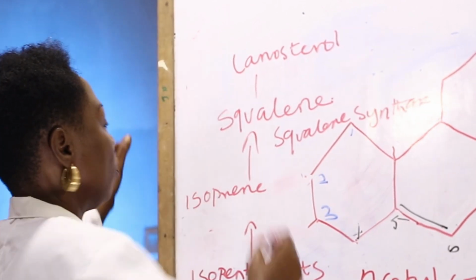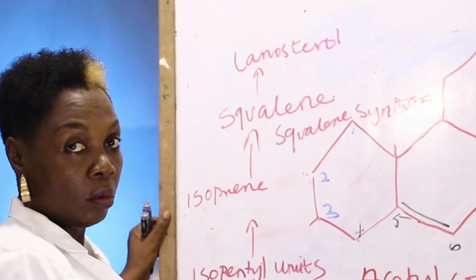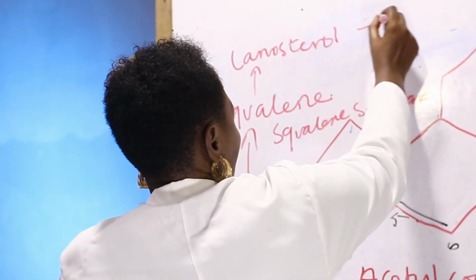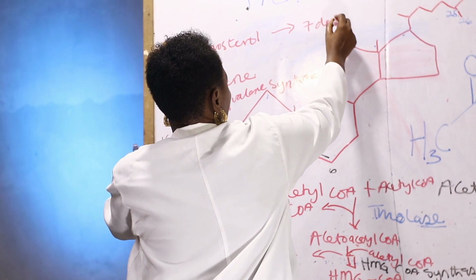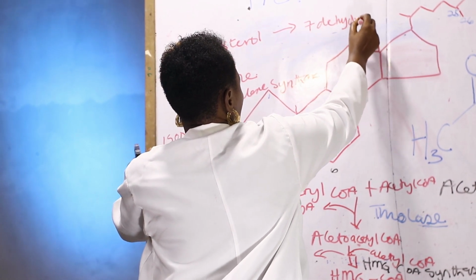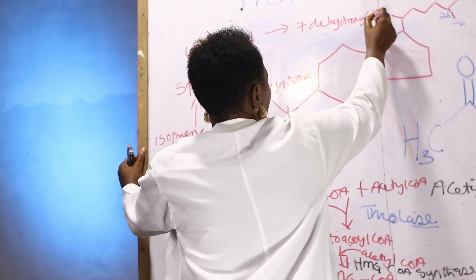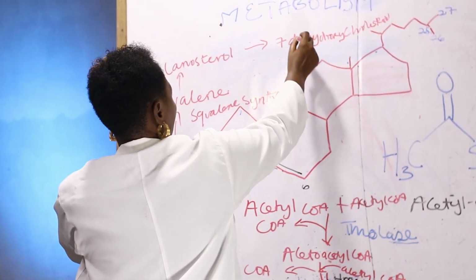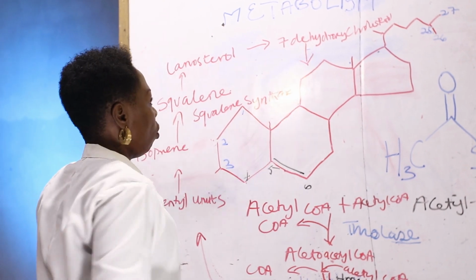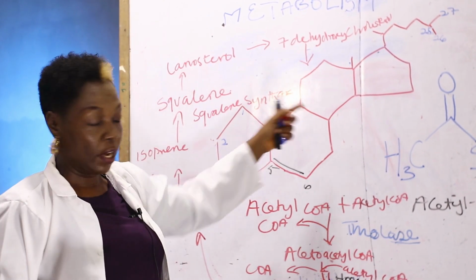Now from lanosterol, you have 7-dehydroxycholesterol, and then from 7-dehydroxycholesterol, we have the formation of cholesterol.